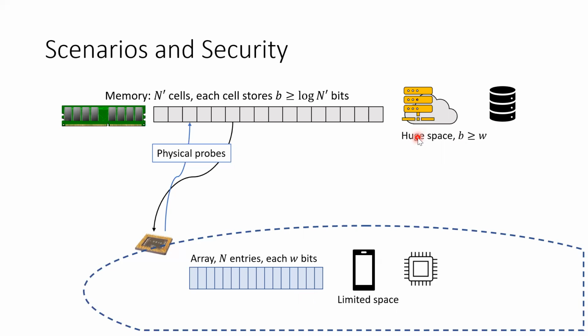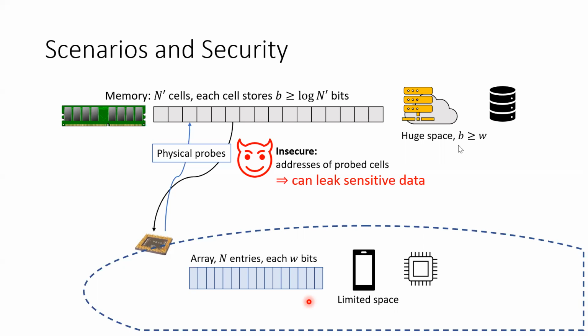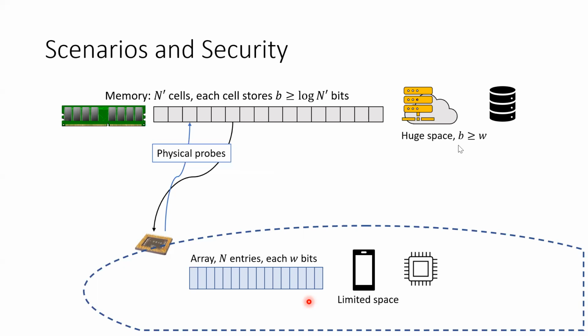It's maybe a million times greater than array entries. So B is usually greater than the parameter W. And throughout this talk, we consider the relation between three parameters, B, W, and array size N.